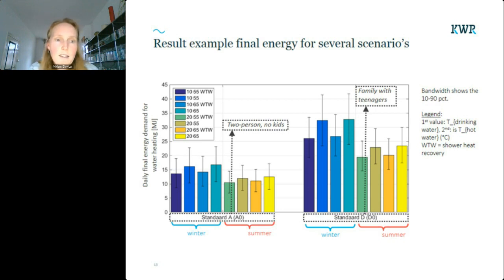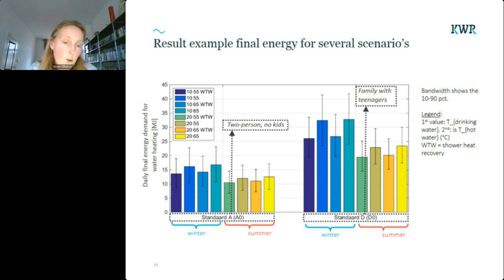So here we can see that between having a shower heat recovery or not, it's slightly more efficient overall for your heater to have one. The differences between two-person household and family with teenagers is obvious. Of course, there's twice as many people, but the energy use is not exactly twice as high. There's some efficiency in there.